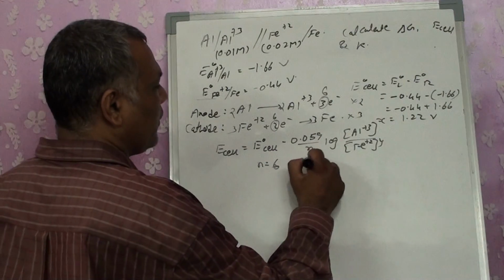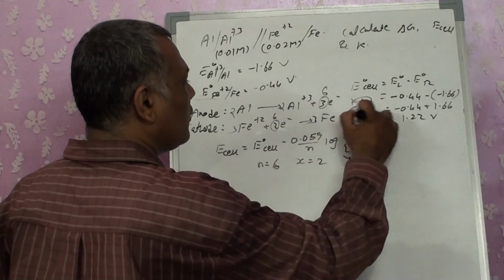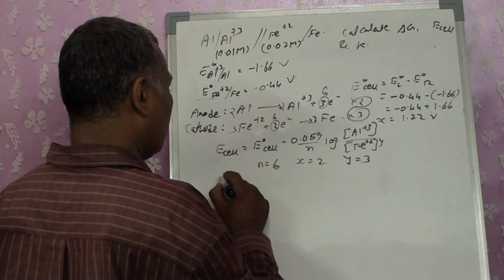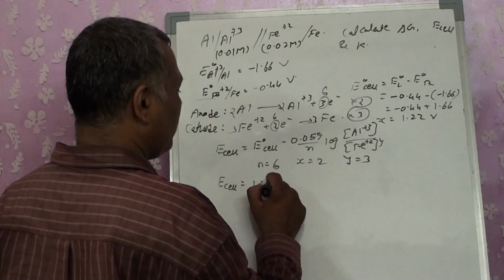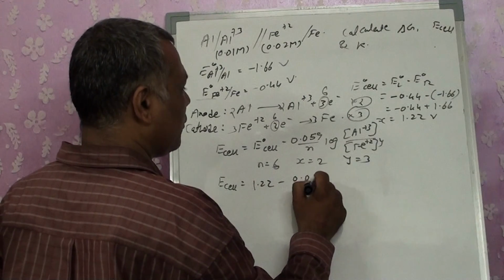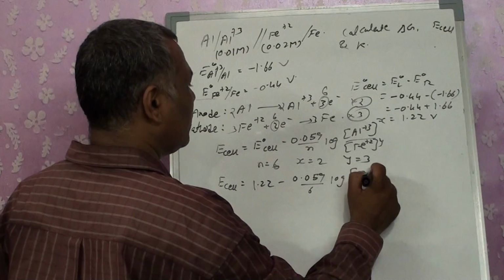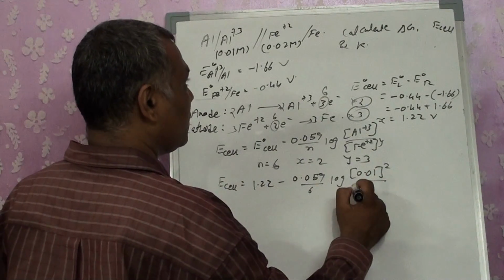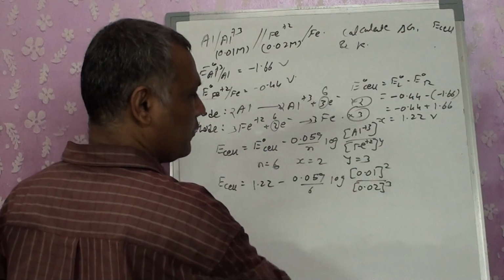At the same time, the x value is going to be 2, the y value is going to be 3. So substituting the values, E cell is equal to 1.22 minus 0.059 by 6 log of 0.01 raised to 2 over 0.02 raised to 3.